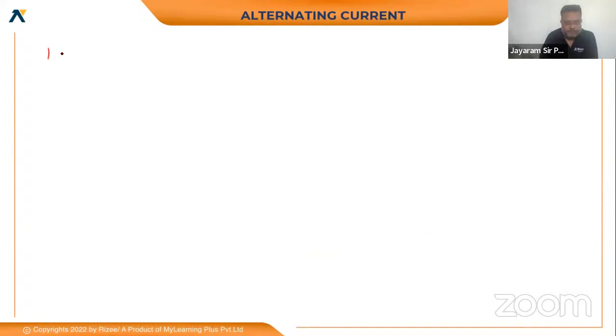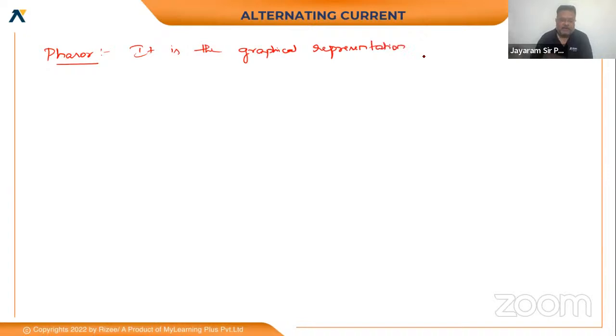A phasor is the graphical representation of the phase relationship between two or more quantities.